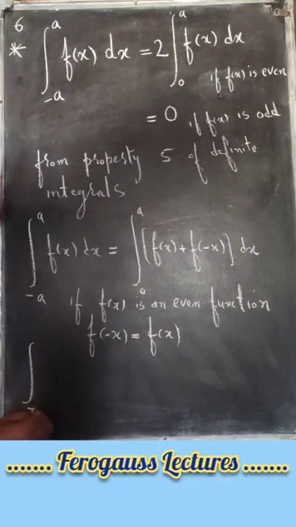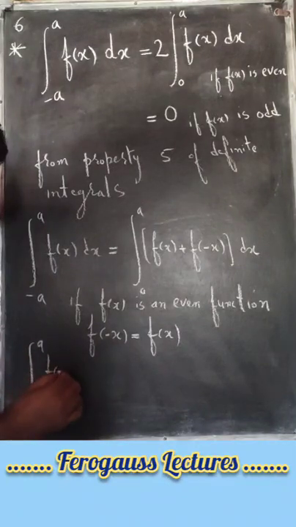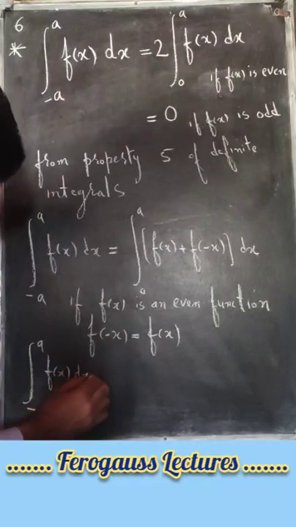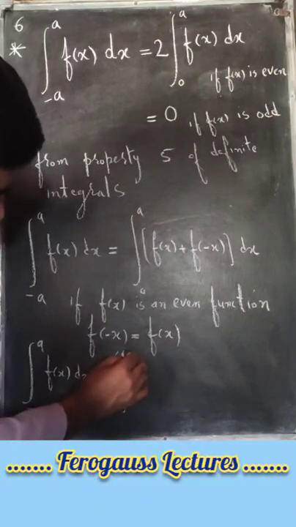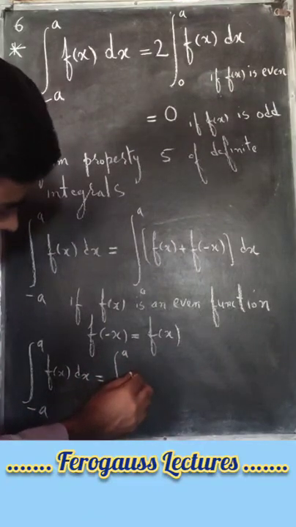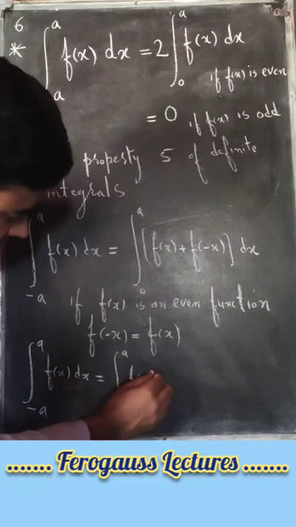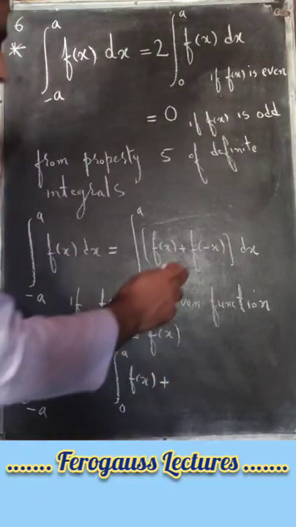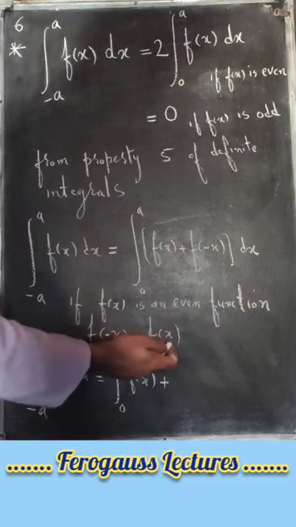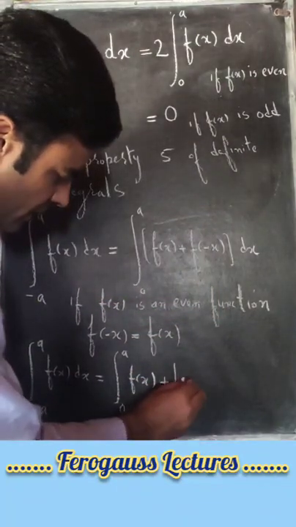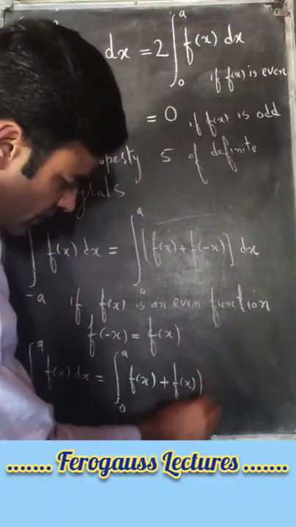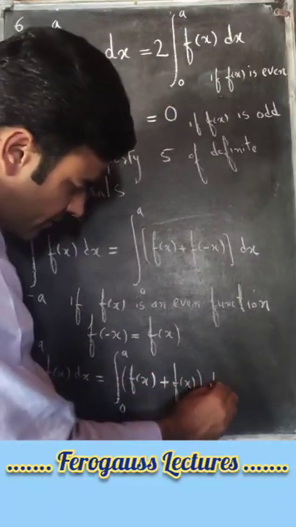integral from minus a to a of f(x) dx is equal to integral 0 to a of f of x plus, now instead of f of minus x we can write f of x if f(x) is an even function, so it is f of x dx.